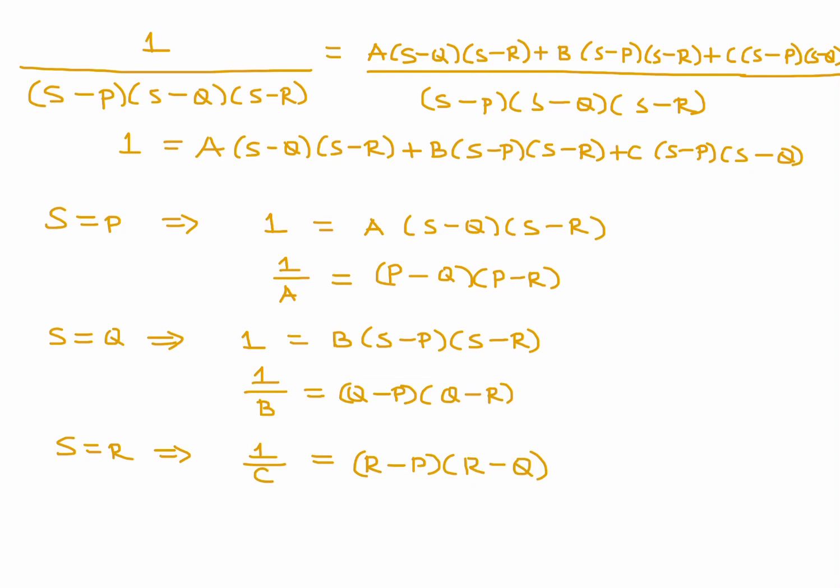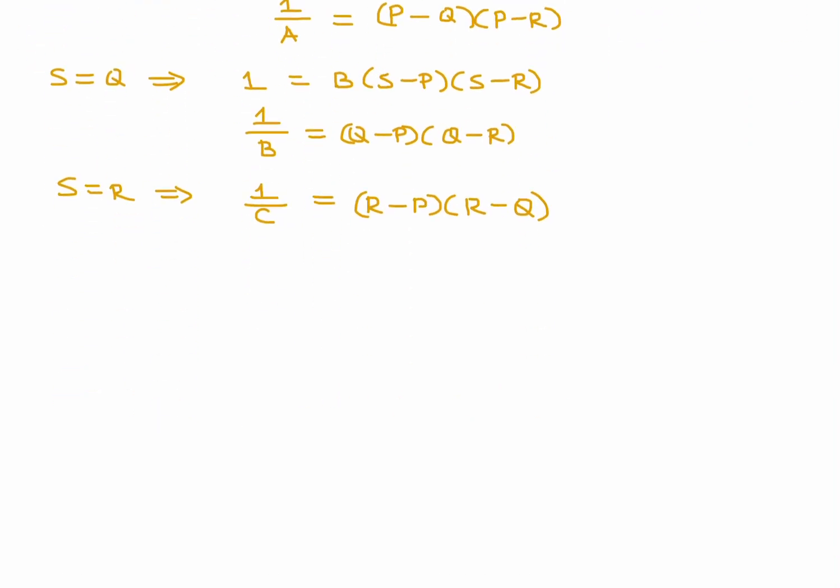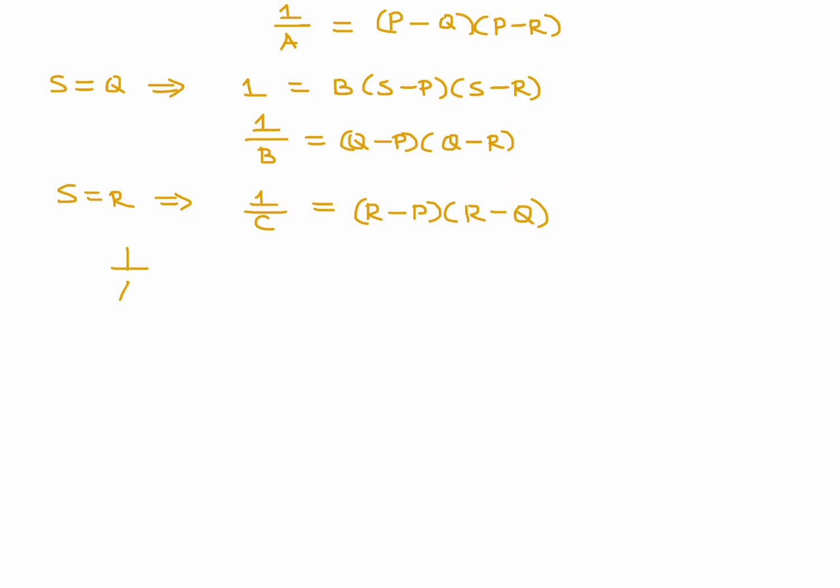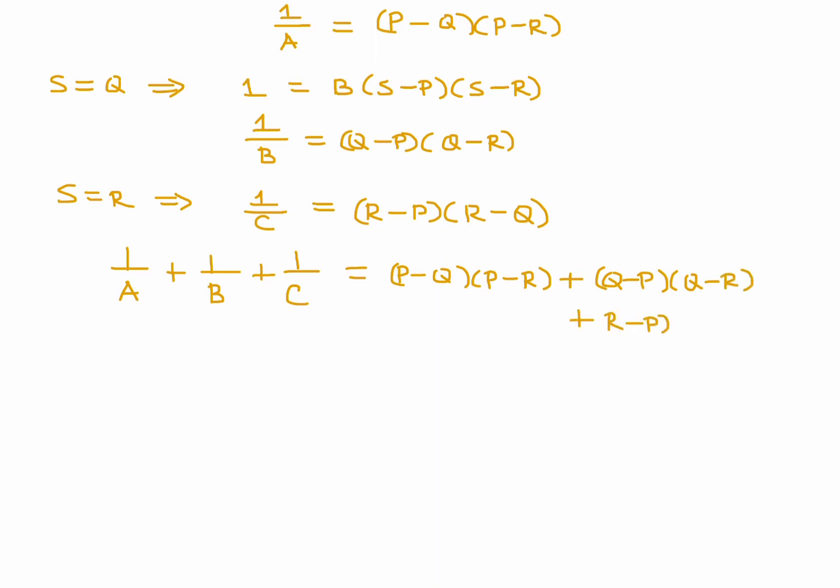All right. So now we want to add them. We want to add 1 over a plus 1 over b plus 1 over c, because that's what we have to figure out in this question, an actual numerical value. So that is going to be, if I add these guys up, p minus q times p minus r plus q minus p times q minus r plus r minus p times r minus q.